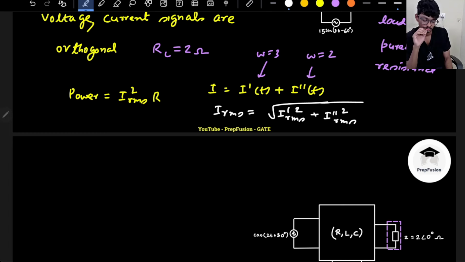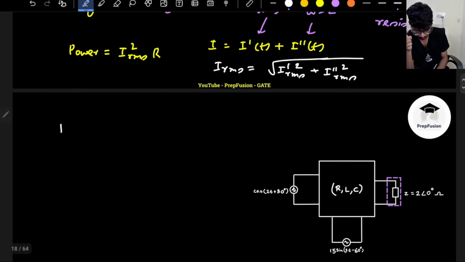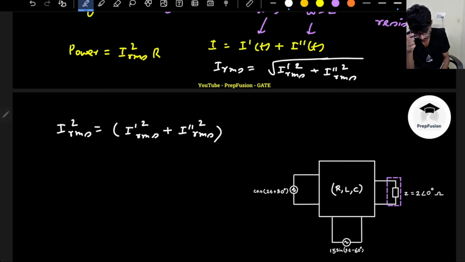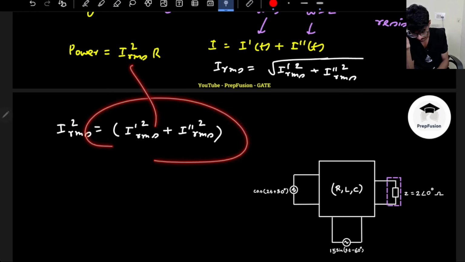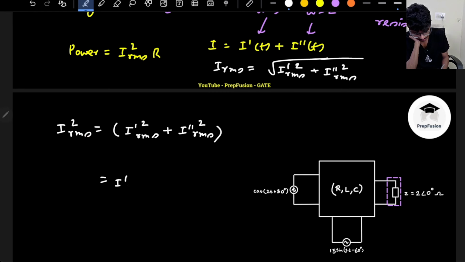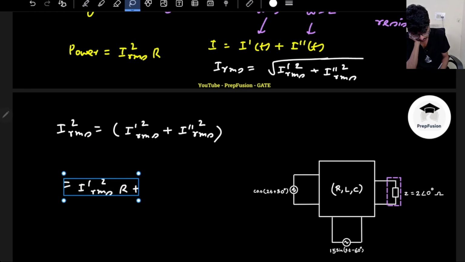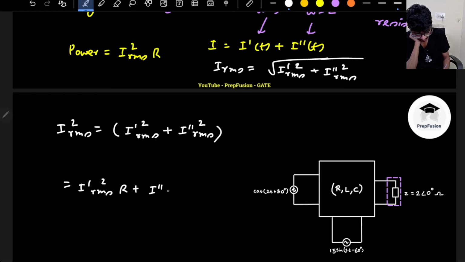If I square this, overall IRMS whole square is I dash RMS whole square plus I double dash RMS whole square. Now if I put this value here, it will be equal to I dash RMS whole square into R plus I double dash RMS whole square into R.